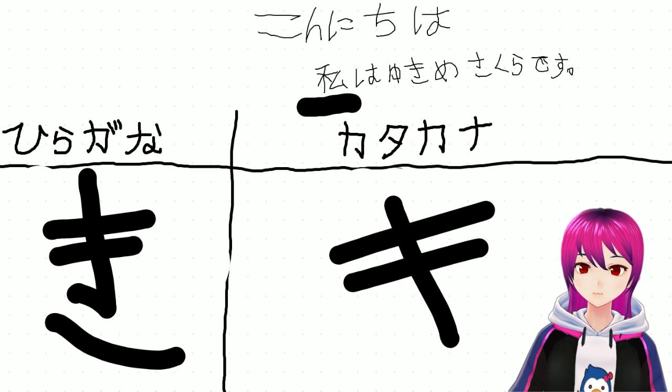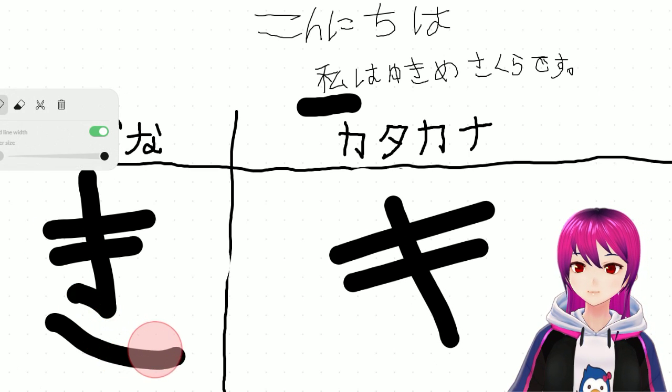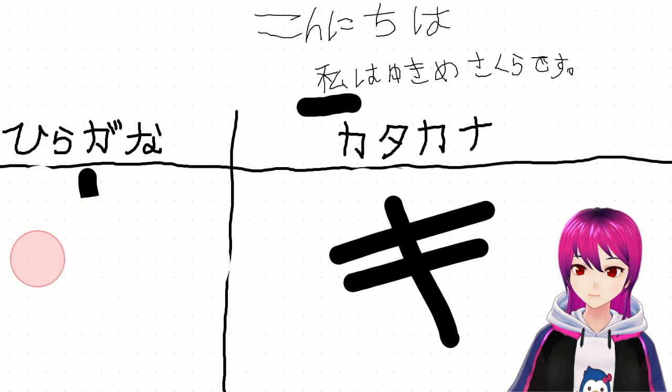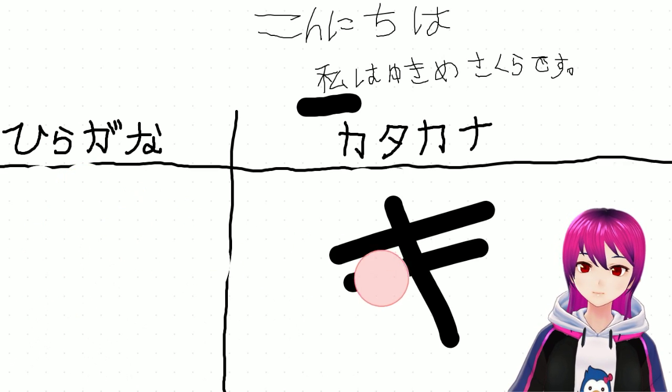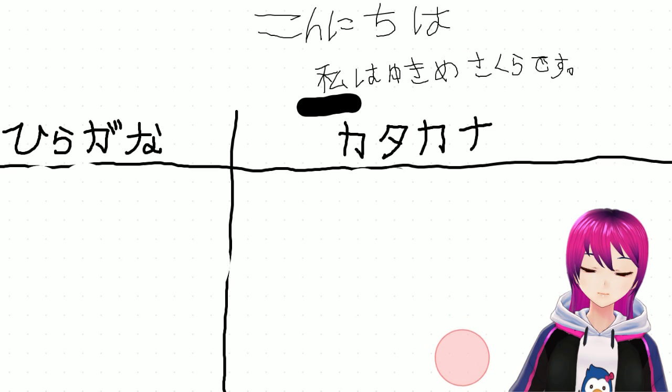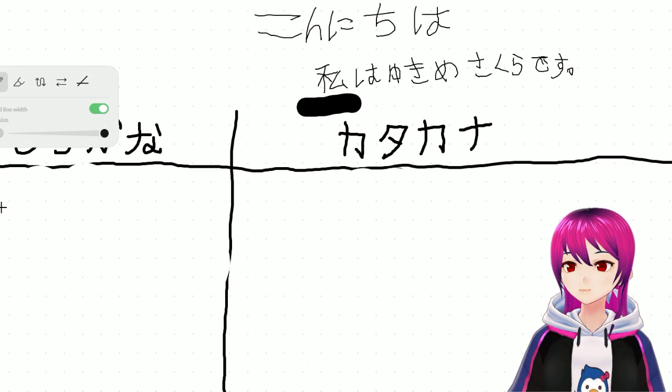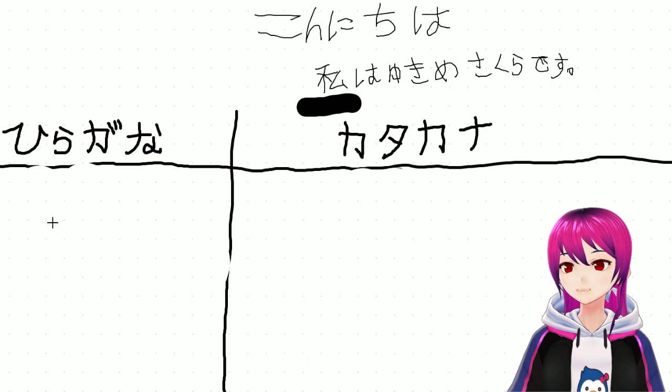Which are both written with the first letter being a K, and then in Romaji, or Roman characters, the letter K, and then a vowel A or I, respectively.